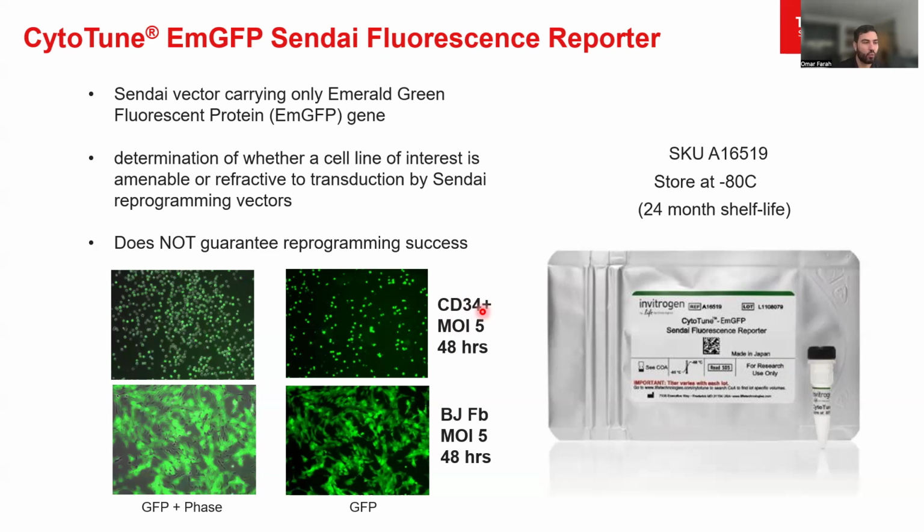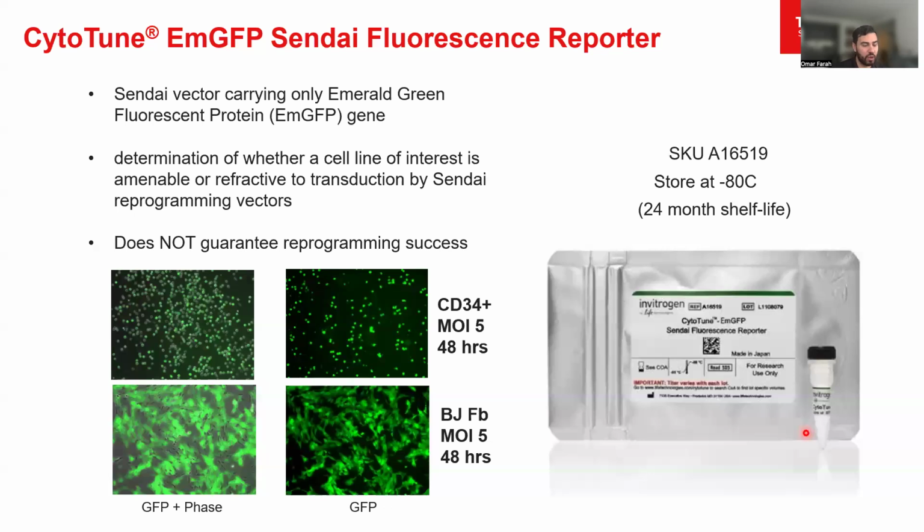Now, one thing I have seen folks do is use similar methods to also indicate that the cells have been transduced, right? So they would use this GFP Sendai reporter, and at the same time, they would also use the CytoTune Sendai reprogramming kit vectors.